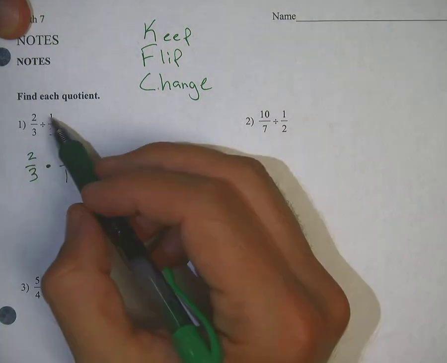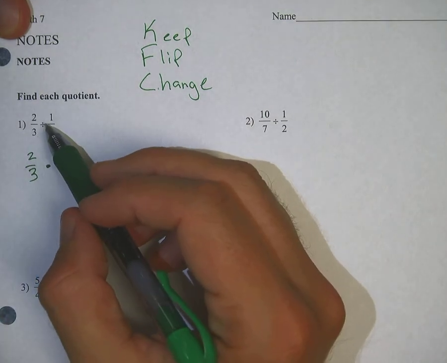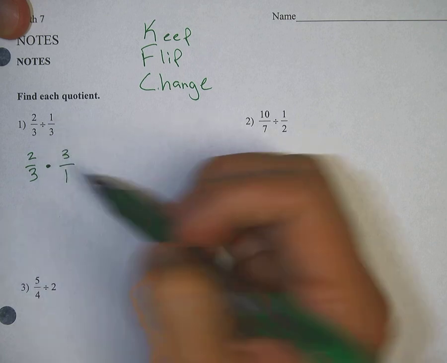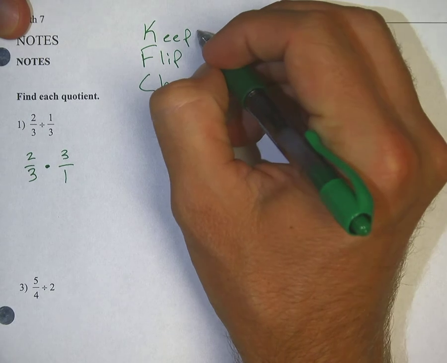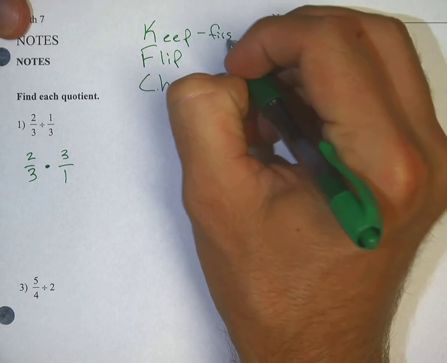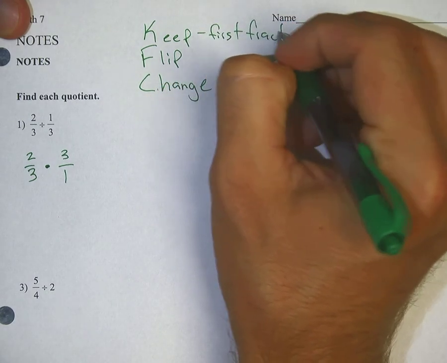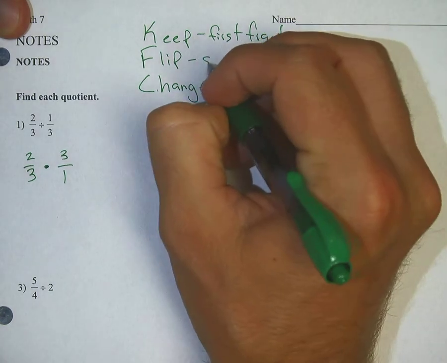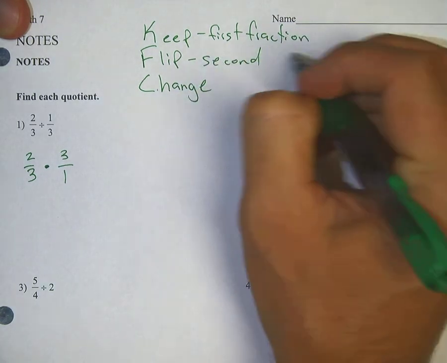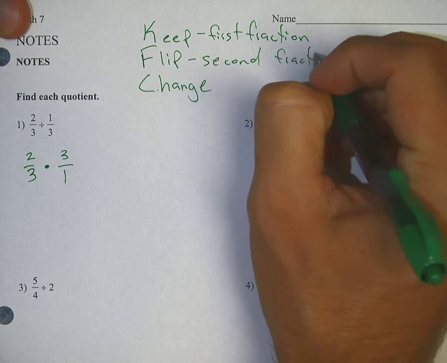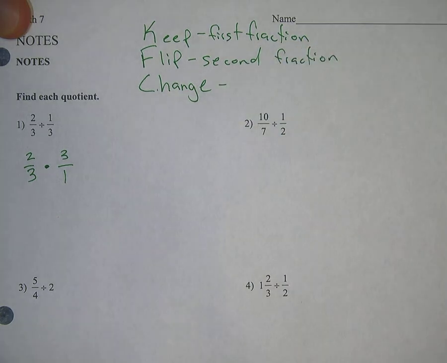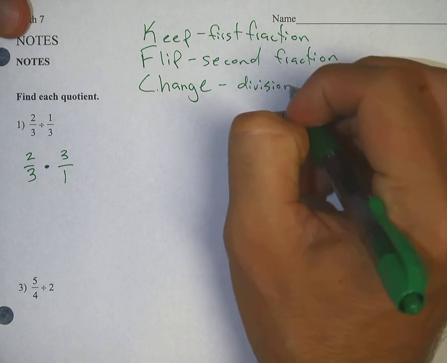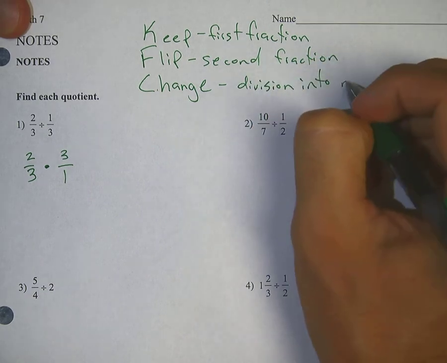So notice, in the original, it said 2/3 divided by 1/3. I changed it to multiplication, and then I flipped the second fraction. So the keep is the first fraction, and the flip is the second fraction, and the change is division into multiplication.